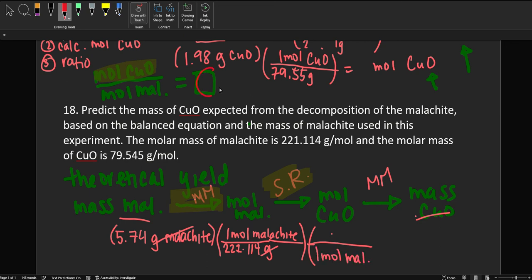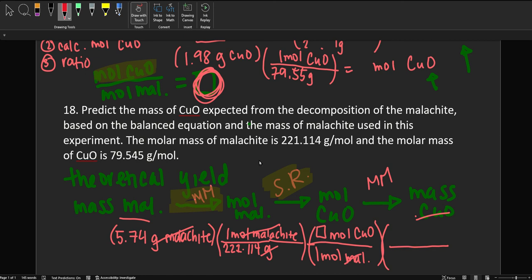And then whatever number you got here will go here for moles, right there for a square. That's where you input it. Moles of copper oxide. And then you're done with that step. Moles of malachite cancels out. Now you have moles of copper oxide.